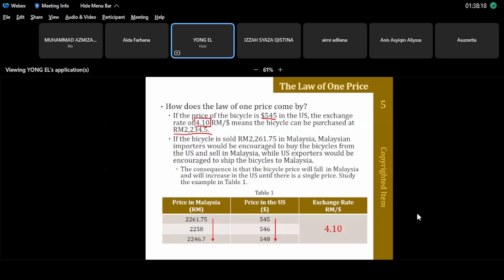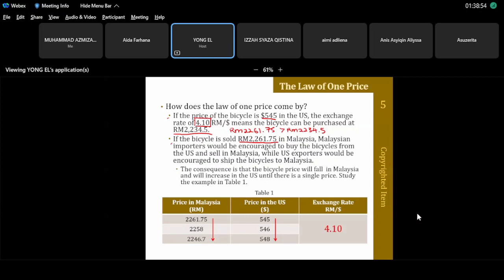Now let's see the second point here. If the bicycle is sold at 2261.75 in Malaysia, this price is higher than 2234.5.